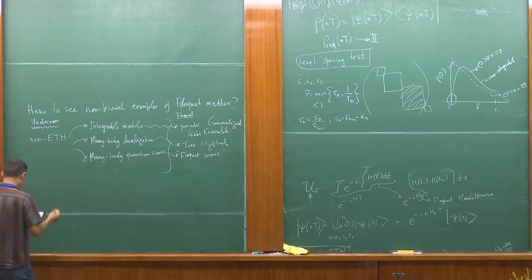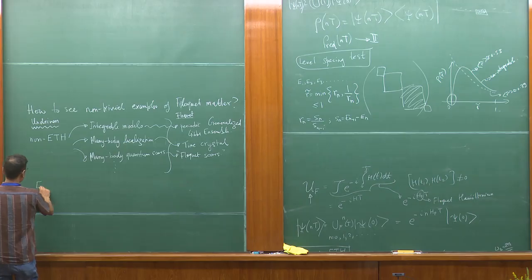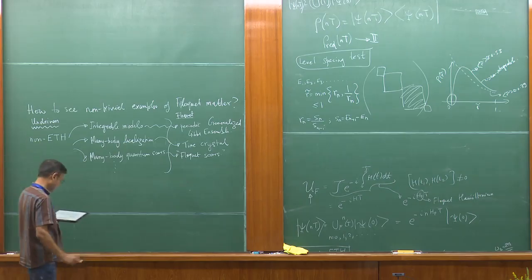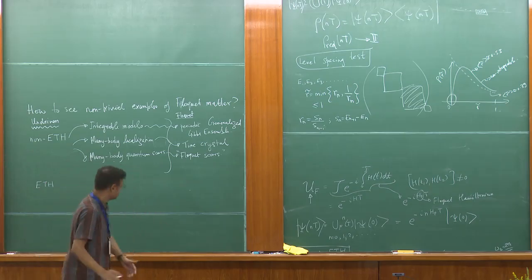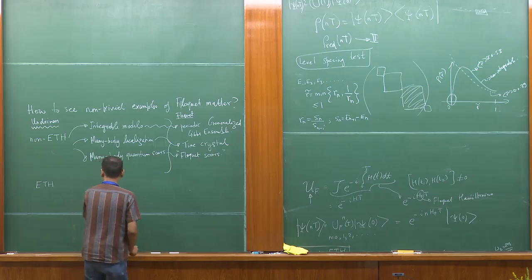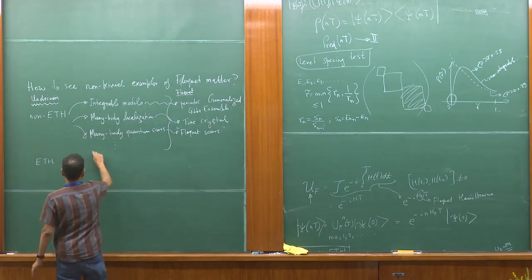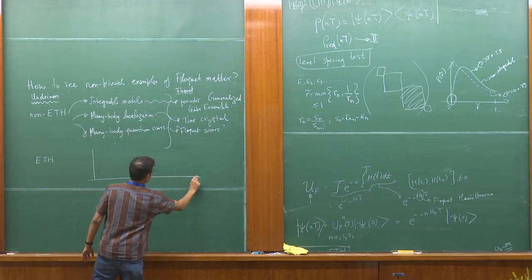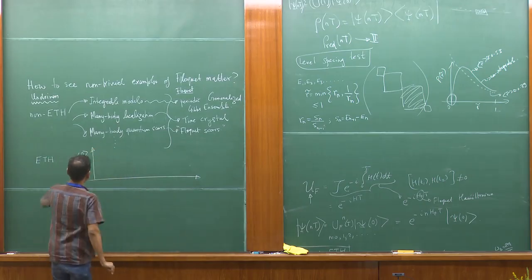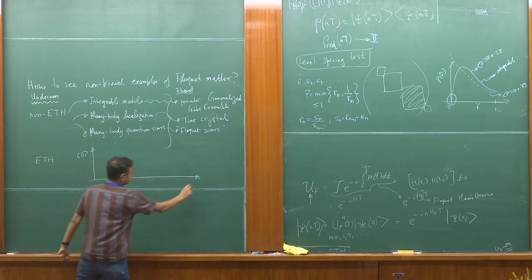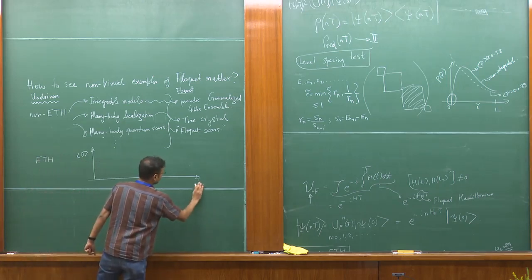The other thing is what happens if there is ETH in your undriven problem. Still, you can actually drive the problem in an interesting manner such that the following happens. So imagine you're looking at some local operator and you're looking at this Floquet problem.